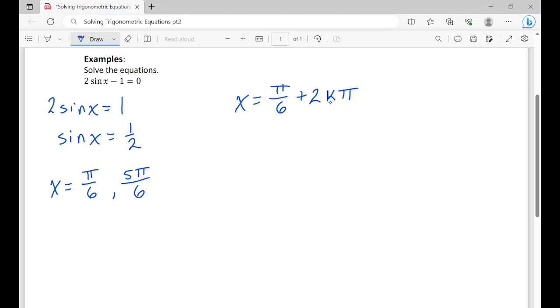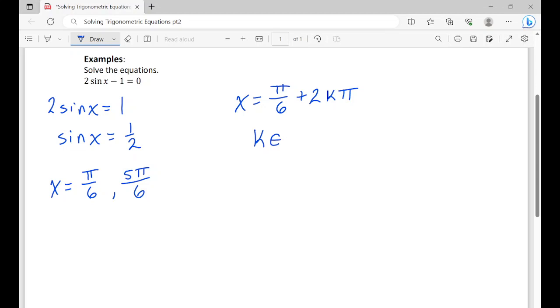If k is 1, pi over 6 plus 2 times 1 times pi would give me the same spot as pi over 6, and if I add another 2 pi, again I'll get another answer that works. And I have to specify that k must be an integer.